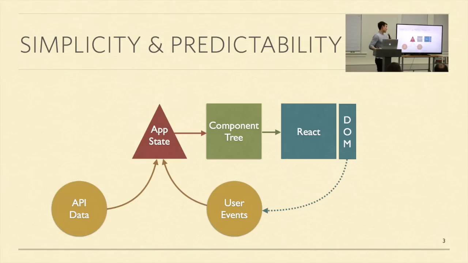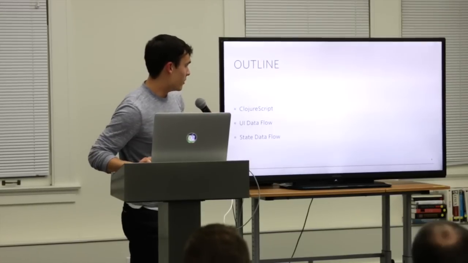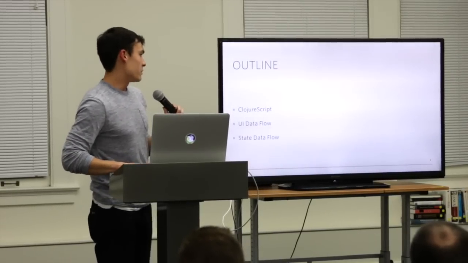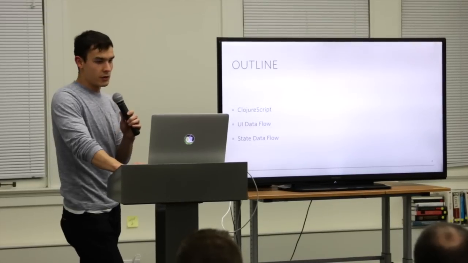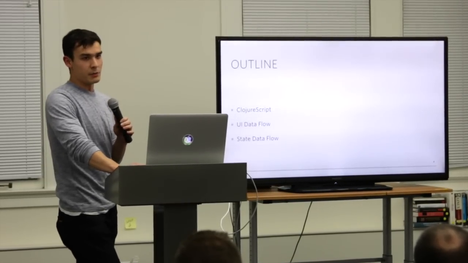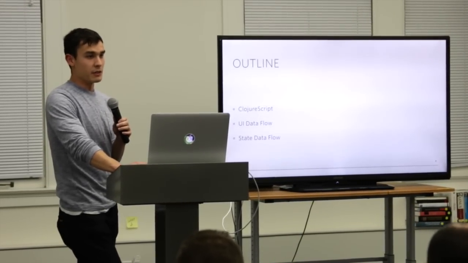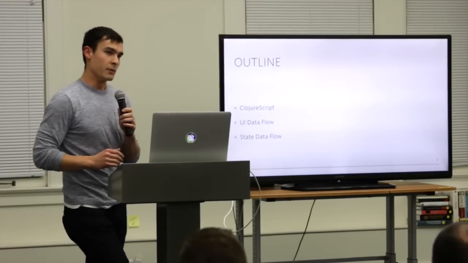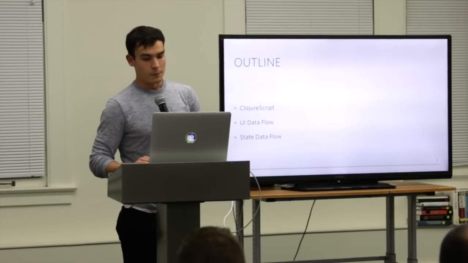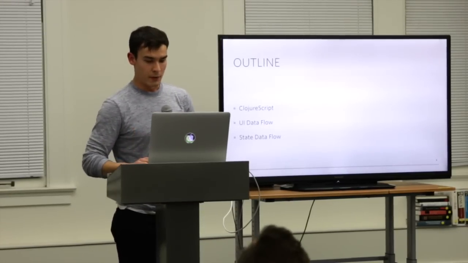So let's dive in. As an outline, first I'll talk about ClojureScript, the UI data flow, and then some of the ways that we can manage our state data flow, which are related and need to connect to each other, and we need to manage these things ideally in a simplified way.